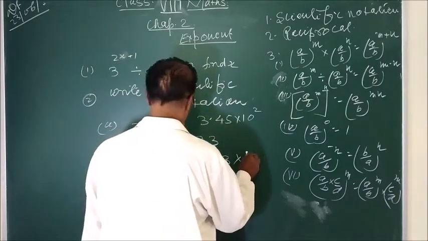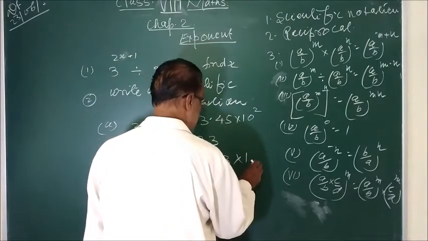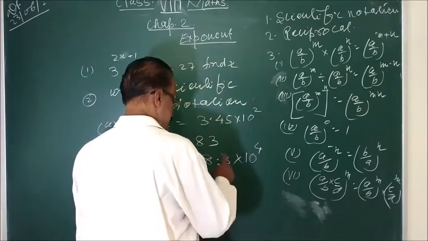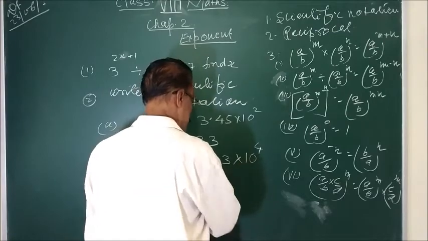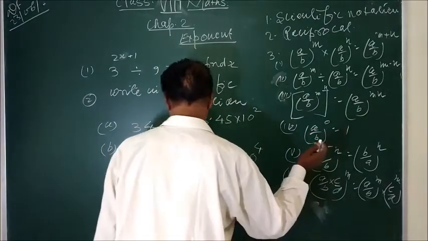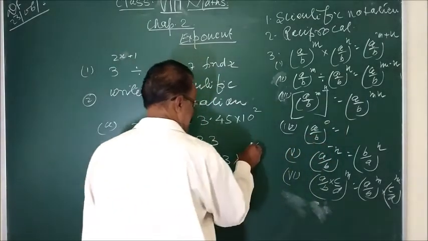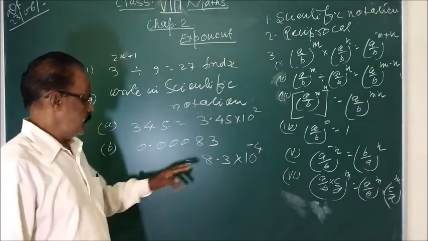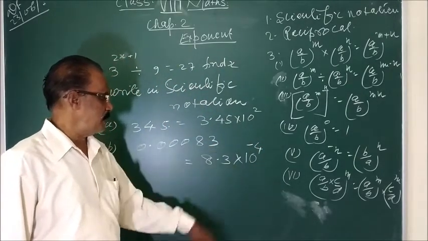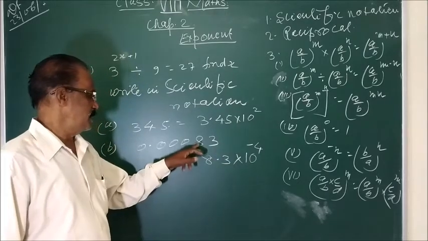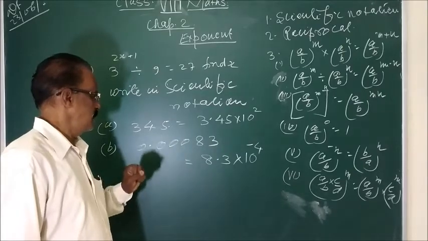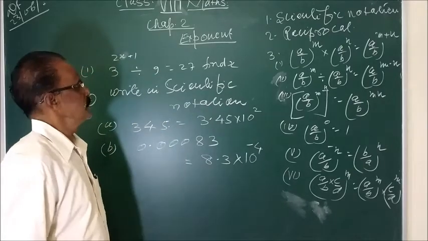So now you will multiply by 10 power 4. But now we have to move to the right side, so this will be negative. So 8.3 into 10 to the power minus 4, this means the point will be 1, 2, 3, 4. So this is called scientific notation.